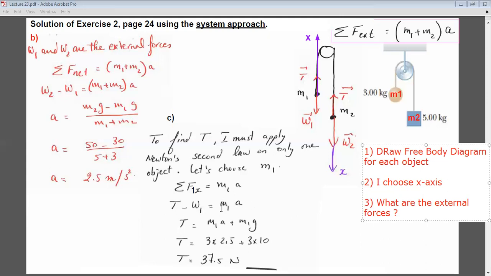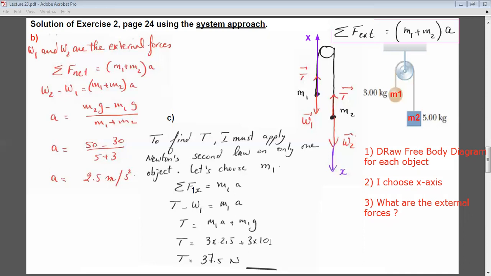So T is equal M1A plus M1G. M1 is 3, so 3 times 2.5 plus 3 times 10, and thus I got tension is equal 37.5 Newton.